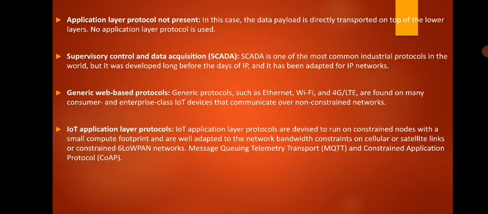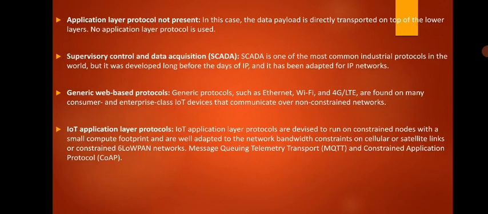The first one is application layer protocol not present. Here we have a transport method where application layer protocols are not used. In the next two classes, we need to discuss type 2, visible on your screen, SCADA, and the last type, which we are calling COP. Regarding these two we need to have a discussion.